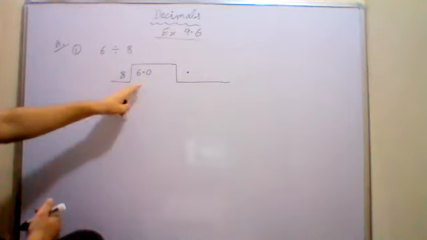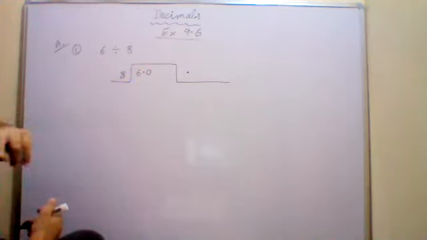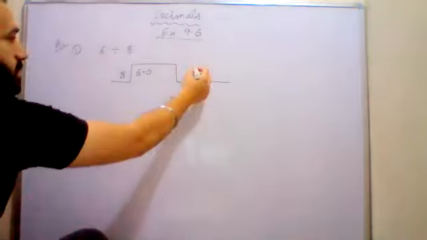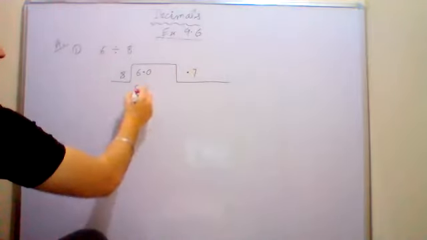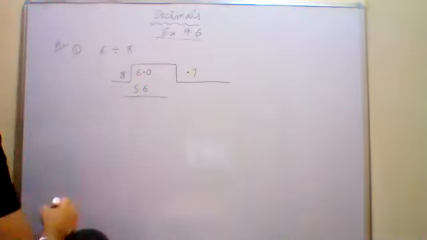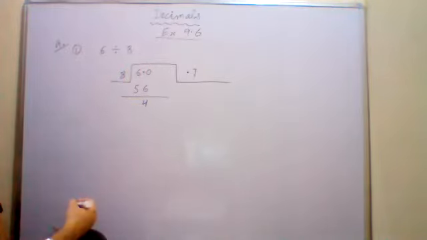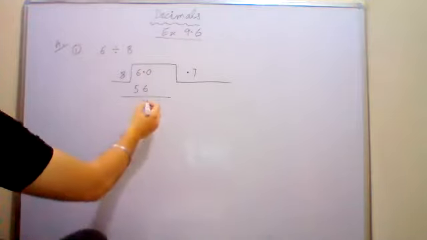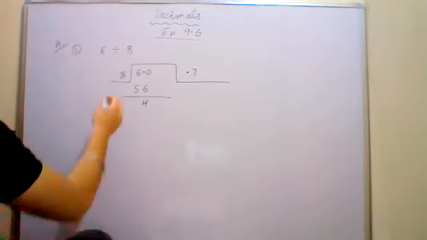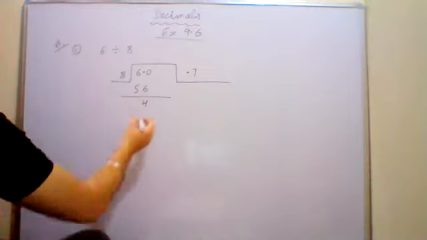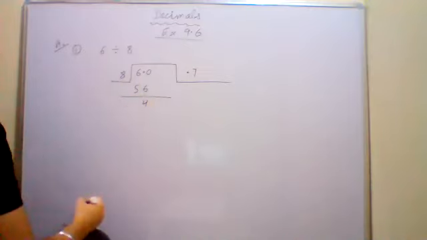Now, what should I write here to divide 60 by 8? 8 sevens are 56. What is the remainder? 4 is the remainder. Again, 4 is a smaller number.